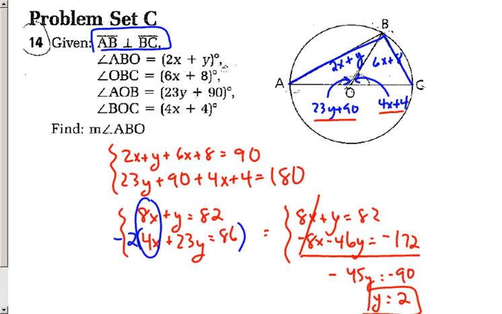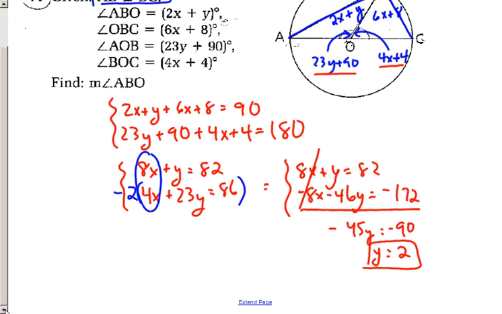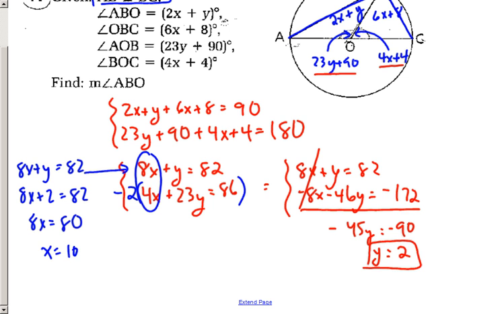Like every system, if you want to find the other variable, you just take what you found for the one and plug it into the other. So I'm going to use this equation here. If 8x plus y equals 82, and I just found out y was 2, 8x plus 2 equals 82, or 8x equals 80, which means x is going to be 10.